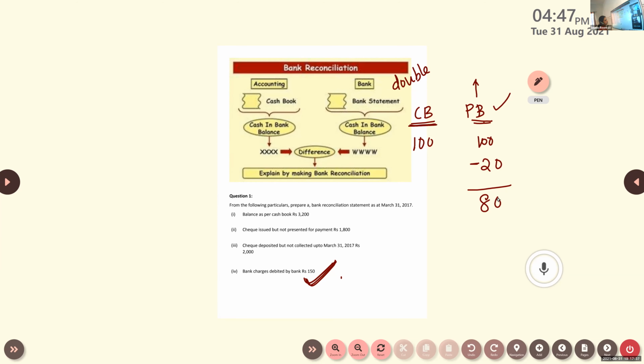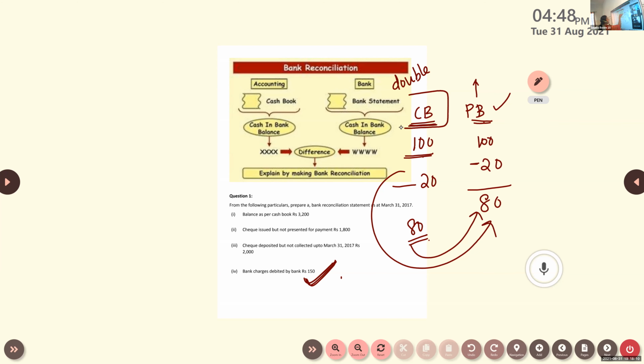Correct? Now we have to bring the cash book to 80. How do we make it 80? We will reduce 20 from here also. Then it becomes 80. So we are bringing it to the passbook balance by making an adjustment to the cash book.